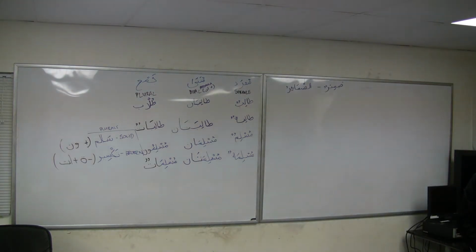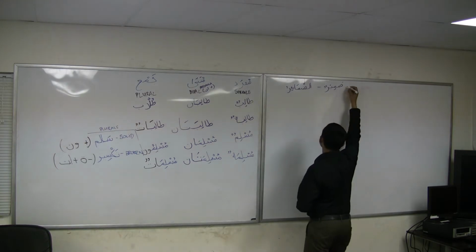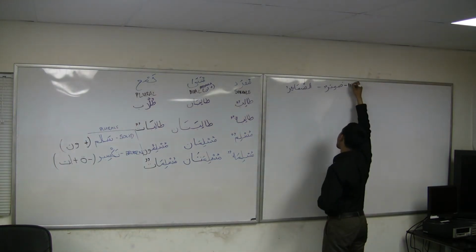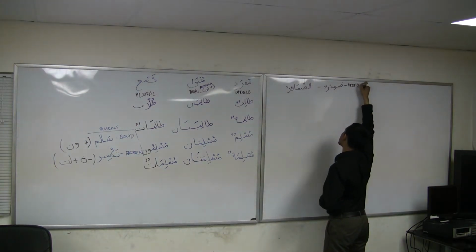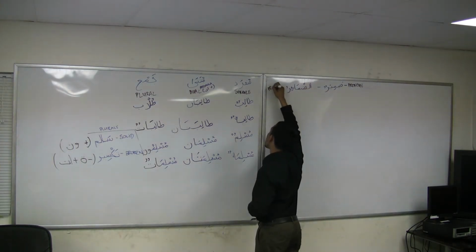Brother Farash, are you comfortable with that? This is pronoun. Sorry, let me write it in English. This is pronoun. The damir is pronoun. And the plural ad-damair is pronouns.